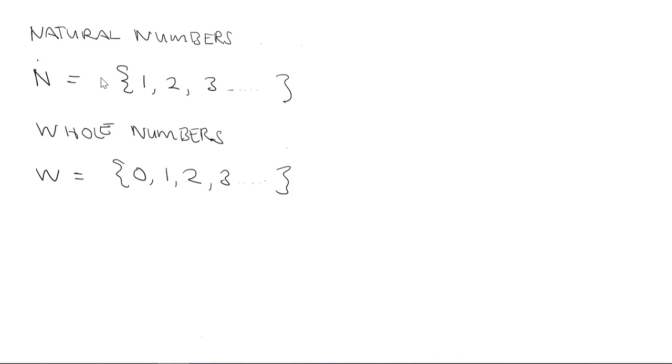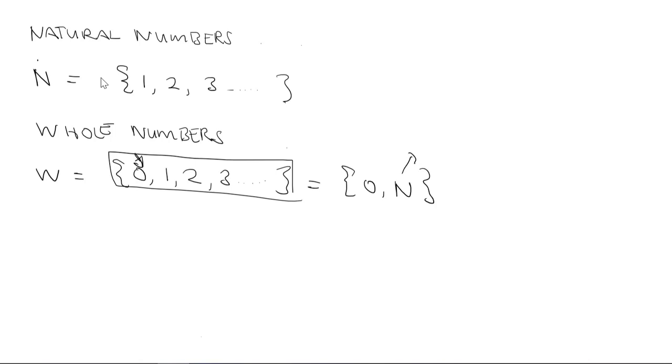Note that the only difference between the set of whole numbers and the set of natural numbers is the presence of 0. If we continue to look at the set of whole numbers, we can see that the set of natural numbers is a subset of the set of whole numbers. We could even write the set of whole numbers as {0, N}, where N is the set of natural numbers.